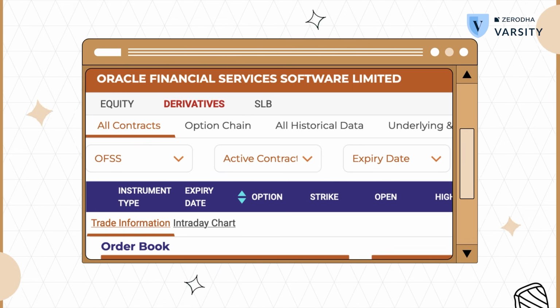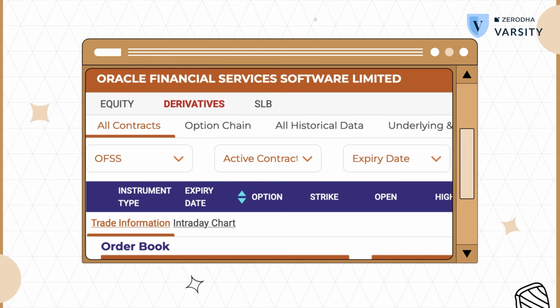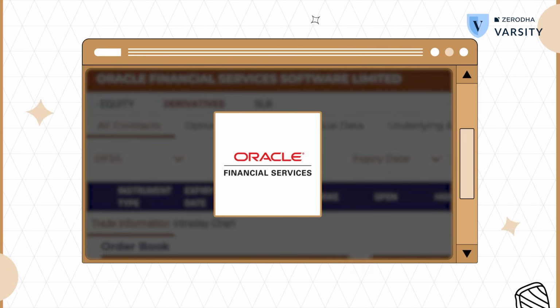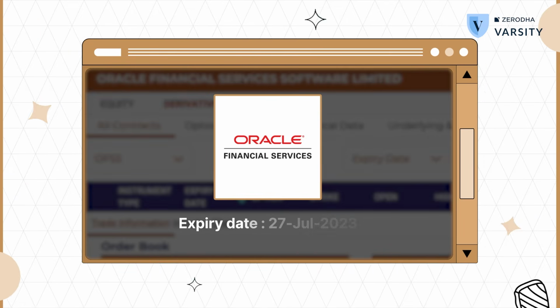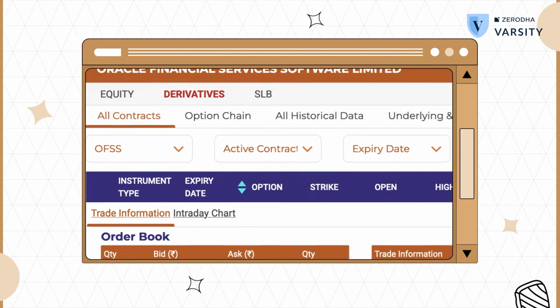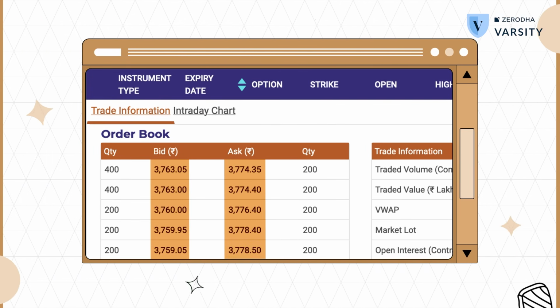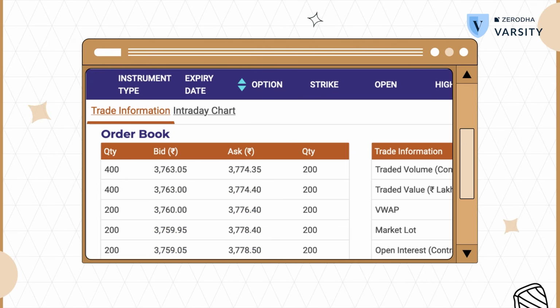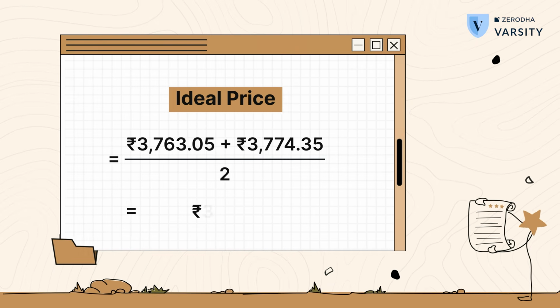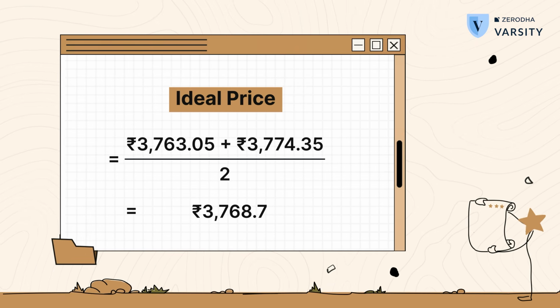Let's take another example. The snapshot that you see here belongs to the futures contract of Oracle Financial Software Services Limited, expiring July 27th. Here, the difference between the bid and the ask price, also called the bid-ask spread, is pretty wide. If you were to do the ideal price math, then the ideal price works out to 3,768.7.